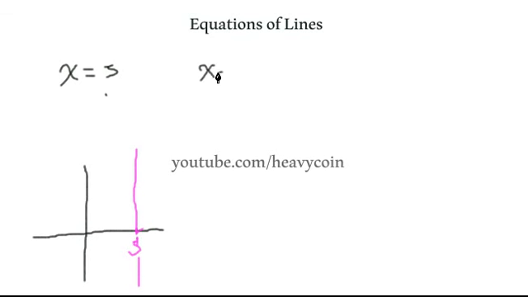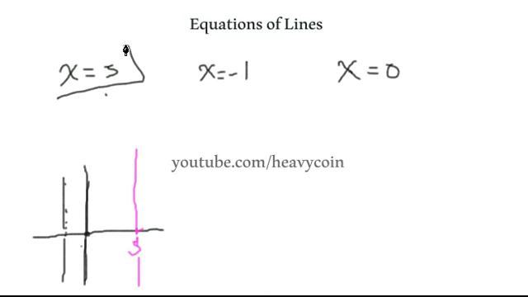So for example, x is equal to negative 1, we'd get a vertical line that passes through negative 1. Alright, what if x is equal to 0? Well, that turns out just to be the y-axis. Right? That's just the y-axis. x is equal to 0. Now remember, that's not a function. Okay? Remember the definition of a function.